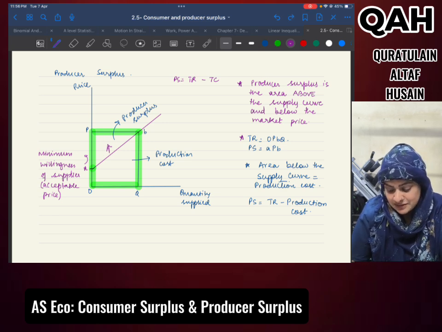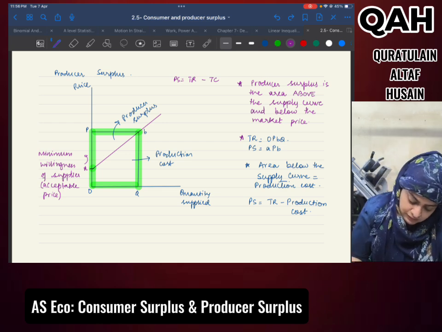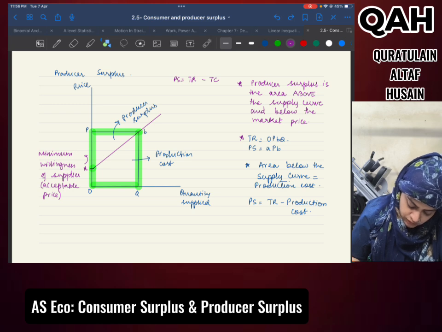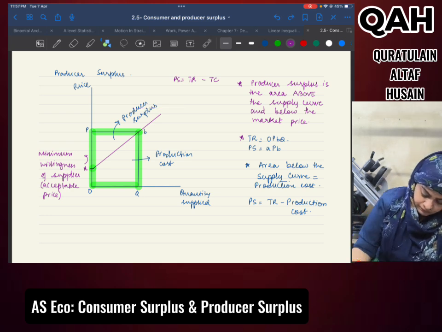Does producer surplus change? Yes, producer surplus also changes in the same 2 ways, whether the minimum willingness changes or the price changes. That is how producer surplus changes.